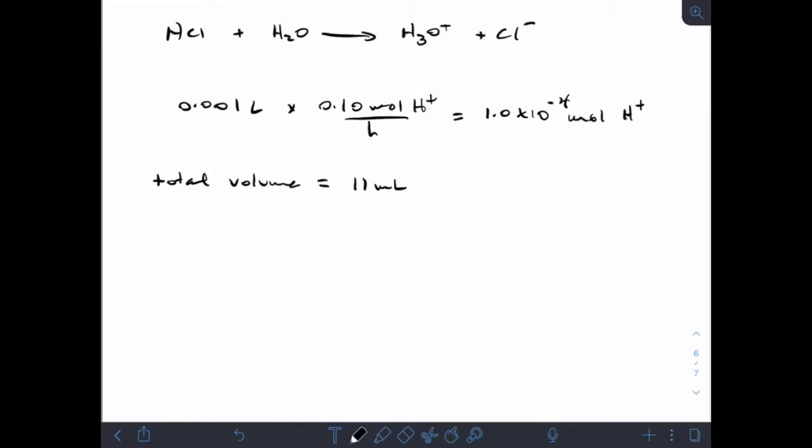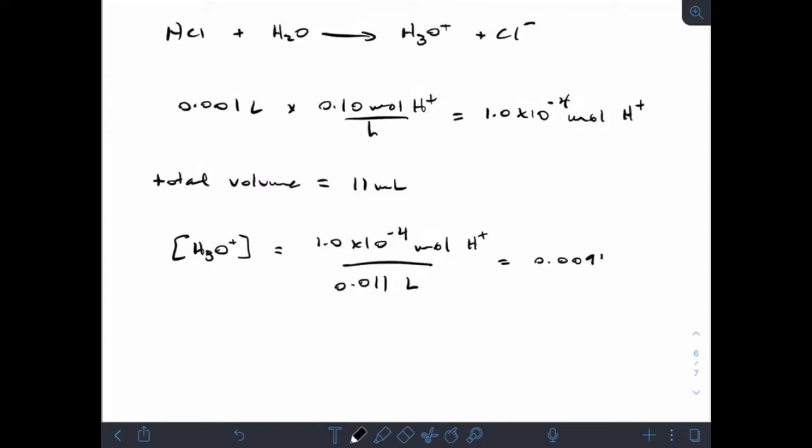Right, so my concentration of H plus, or H3O plus, is 1 times 10 to the minus 4 over the total volume in liters, which gives me an H plus concentration of 0.0091.